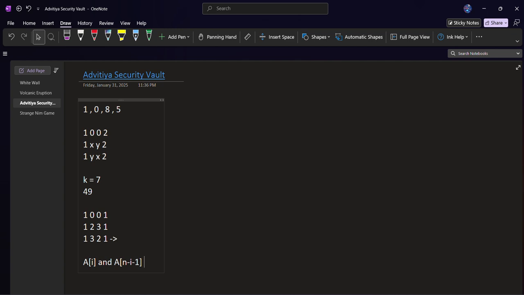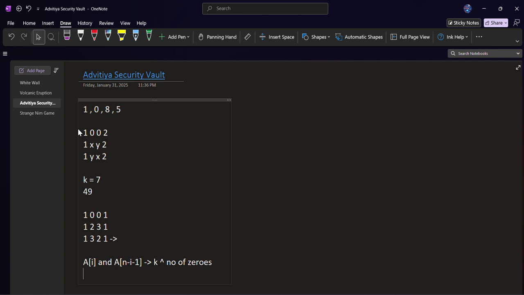So in this case we simply count all the possible combinations. The answer will be k raised to the power of the number of zeros.